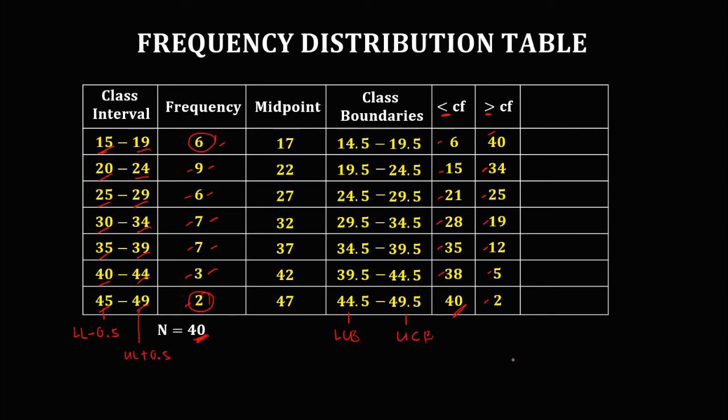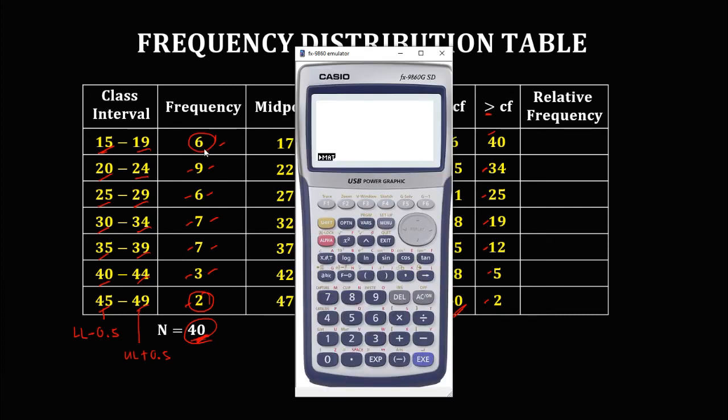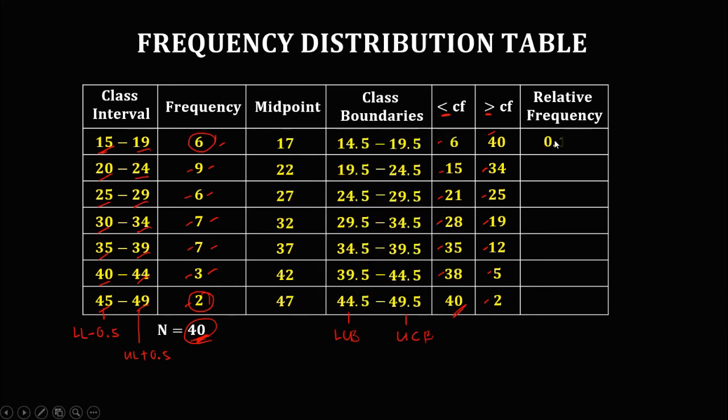Then for the last column, the relative frequency. To solve for the relative frequency, the frequency of that class is divided by the total frequency, which is 40. For the first class, since the frequency is 6, 6 divided by 40 is 0.15.